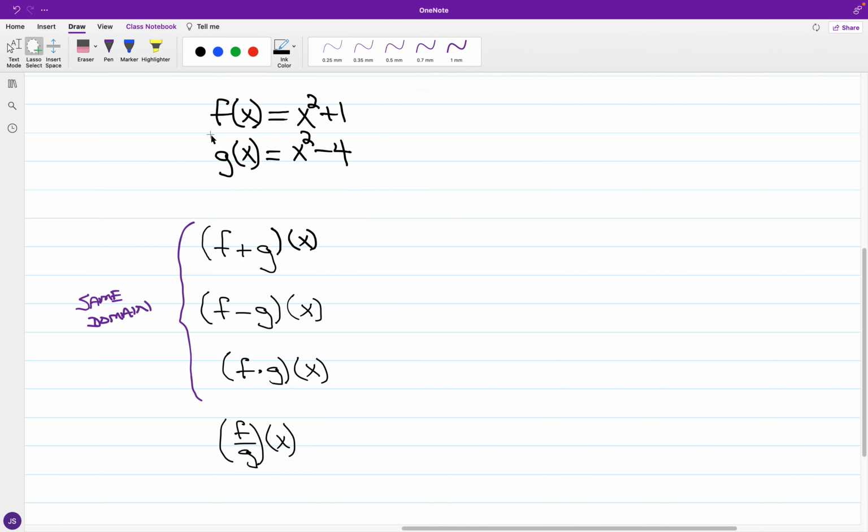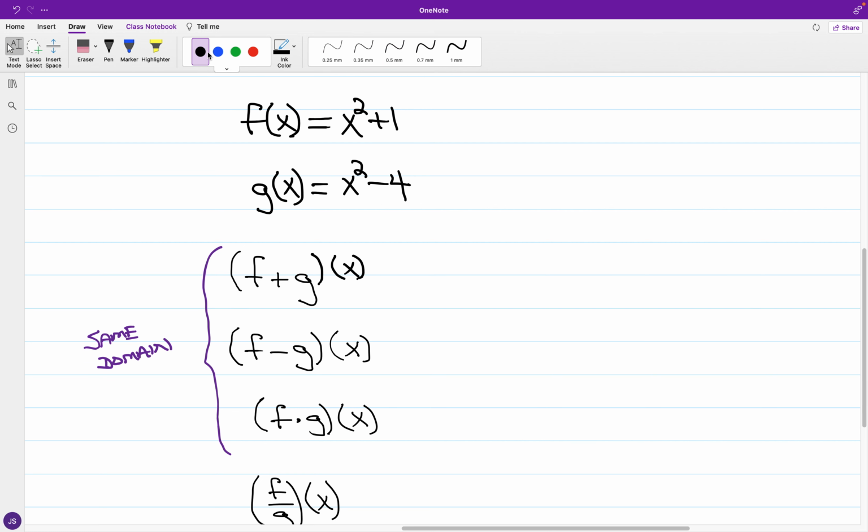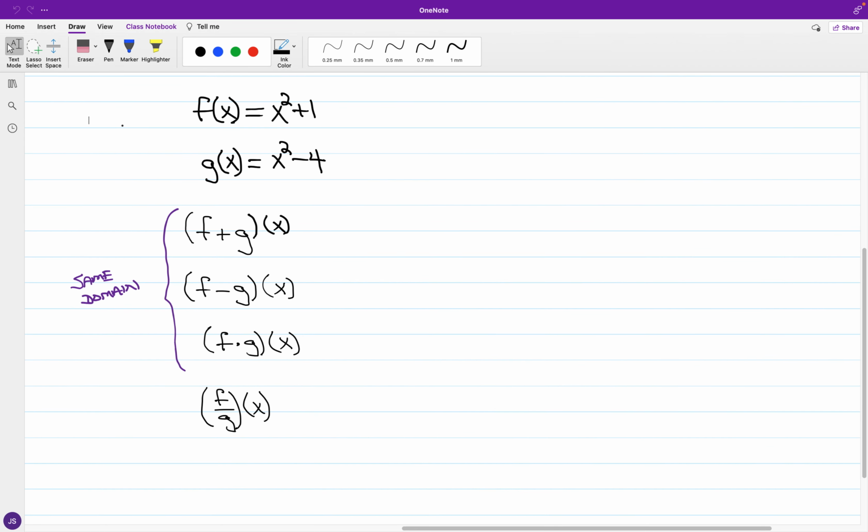Notice we don't have an even root radical, nor do we have a fraction that can lead to a zero denominator. So both f of x and g of x are direct functions, and we can plug in anything for x, whether we have a 0, a negative value, or a positive amount, for the input.